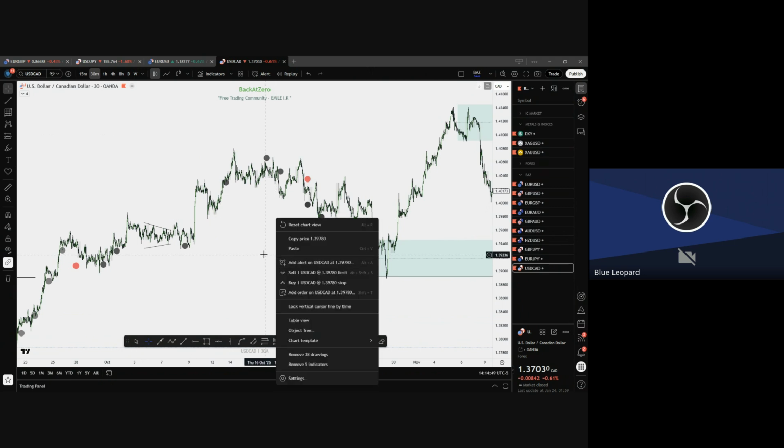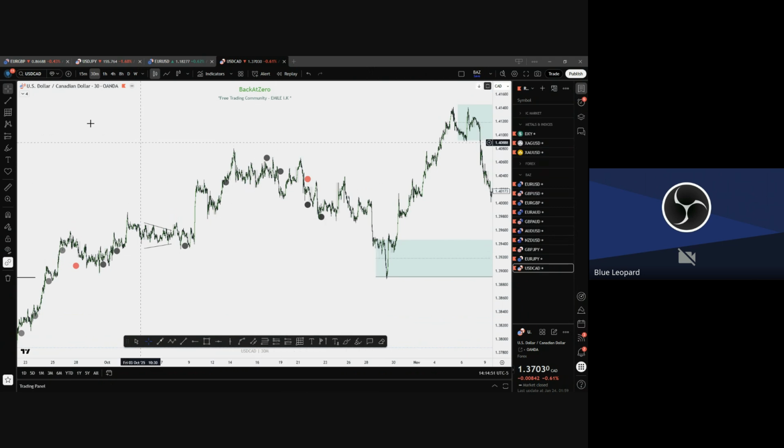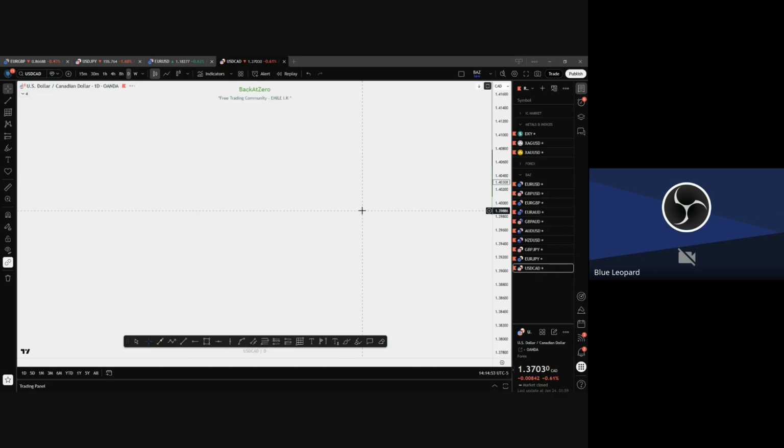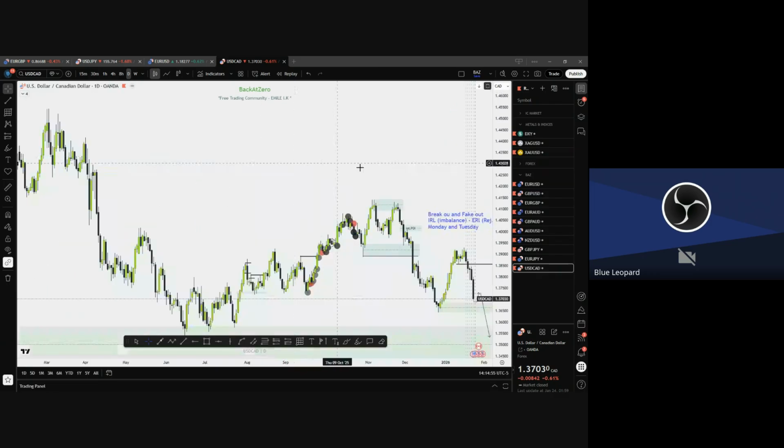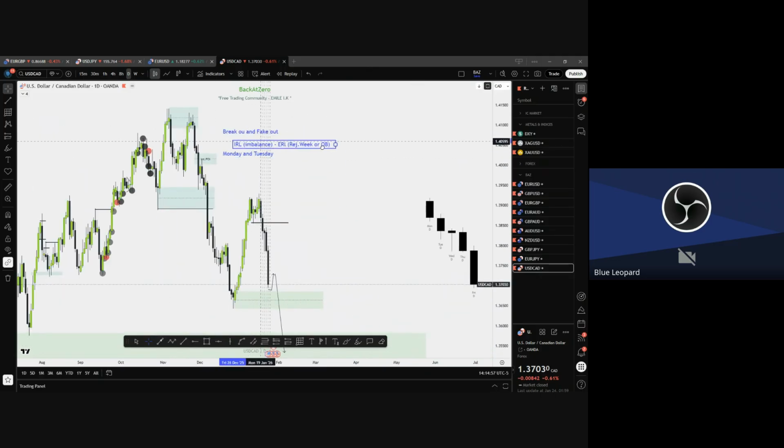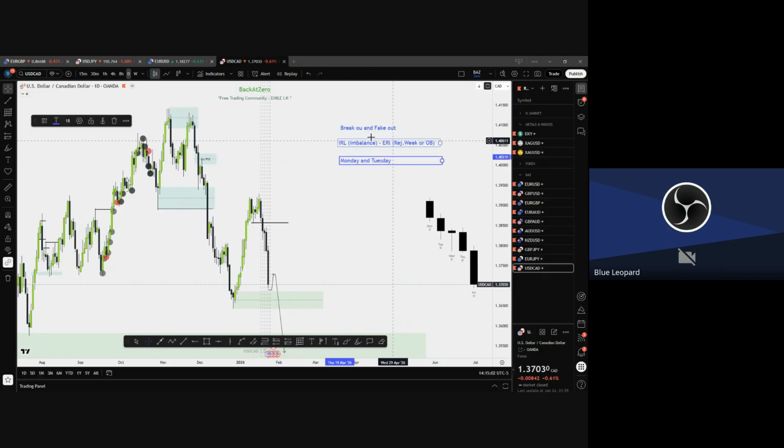So you don't need to care much about losing or winning when you're trying to find the direction on higher time frame. Okay, guys, you take care of this, breakout, fake out, ERL, and IRL, and ask yourself if it's Monday and Tuesday, so you don't trade in the wrong direction. And if you look at a basket of 3 or 4 pairs, you will always have opportunities.